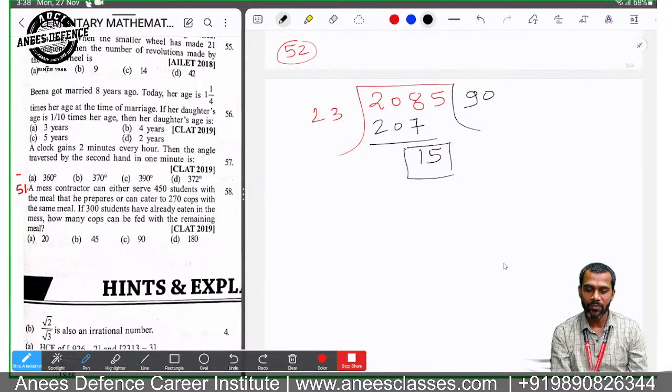Okay, please try question number 51. We need to find out efficiency here, or we can say per unit food that is needed for each student and cop.